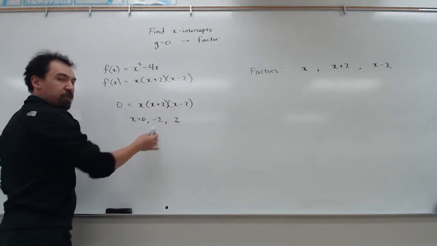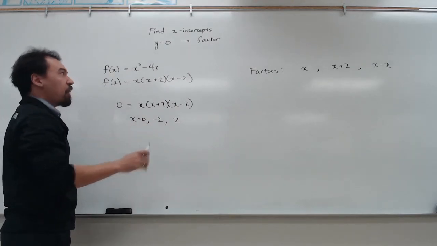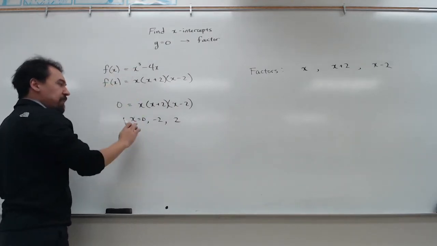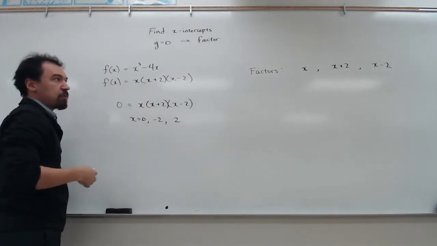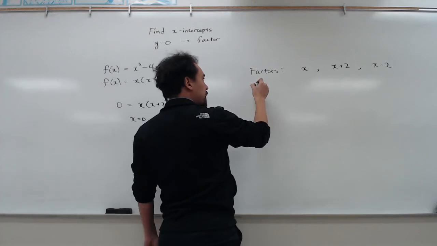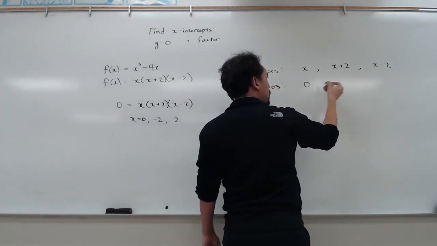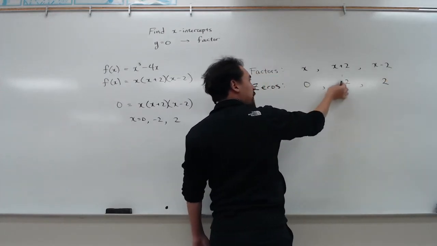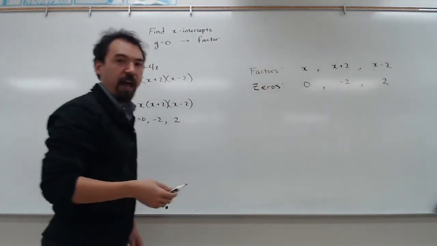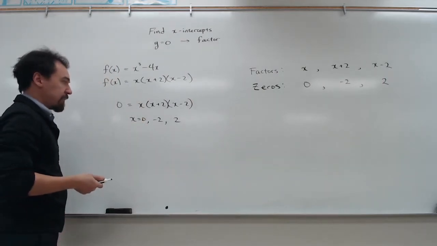Now these numbers are called the zeros of the function f of x. Because if I take any of these and plug it into f of x, I should get 0 as a result. So we're going to write the zeros are x equals 0, x equals -2, and x equals +2, corresponding to each of their factors. The zeros and the factors are intimately related like this.